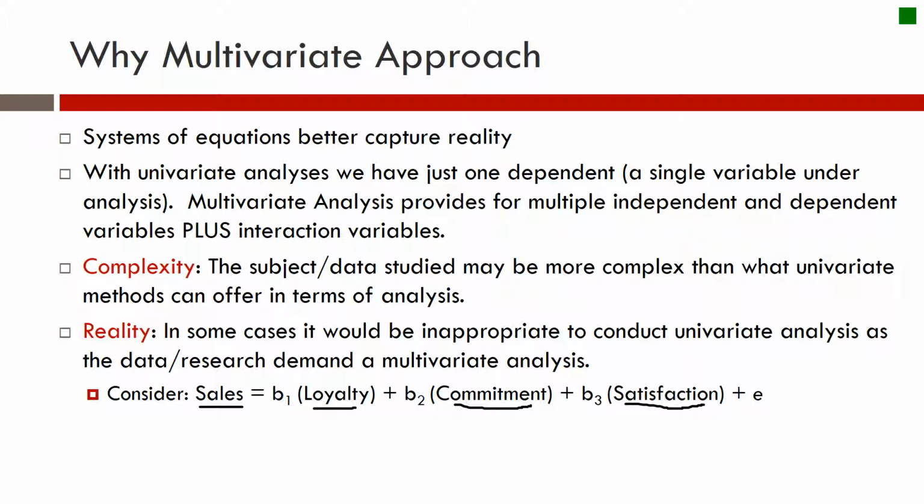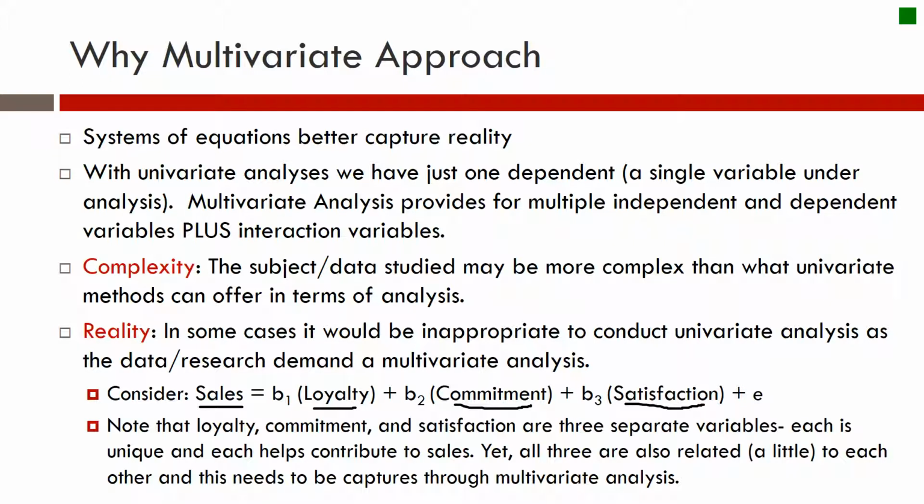In this case, this would probably be modeled with what we call a higher order regression model of some type, where we have some predictor of loyalty, then commitment, and then satisfaction, and then those results would all come together to maybe indicate sales.